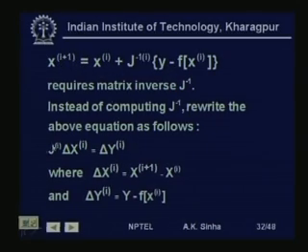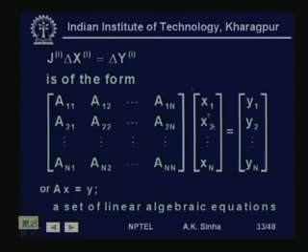So, J into delta x is equal to delta y, where, as I said, delta x is this term, delta y is this term. So, if we write this, then this can be put in this form, that is, this matrix is a Jacobian matrix J, which we can write as the form A x is equal to y or A x is equal to b, whatever you say.